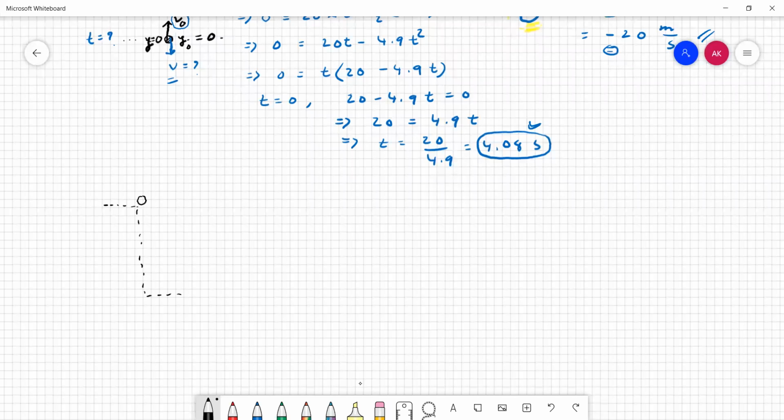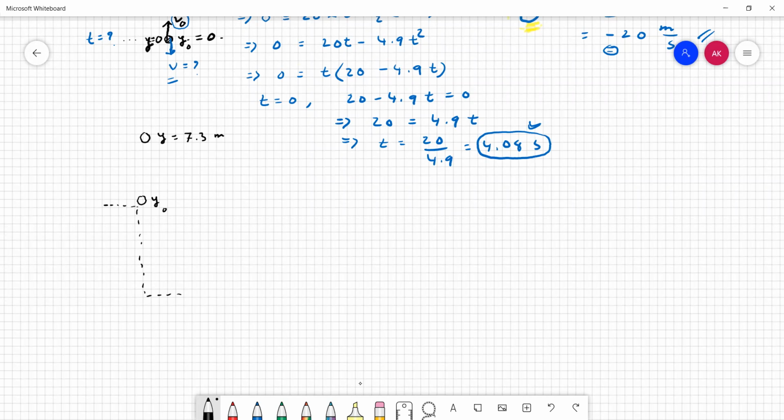So that's where the object starts from, and it reaches the maximum height. How much did we solve for that y? We get 7.3 meters. Do you understand that? Yes.